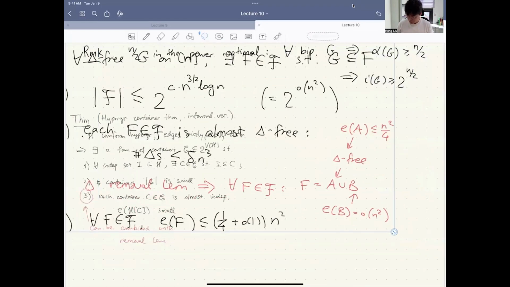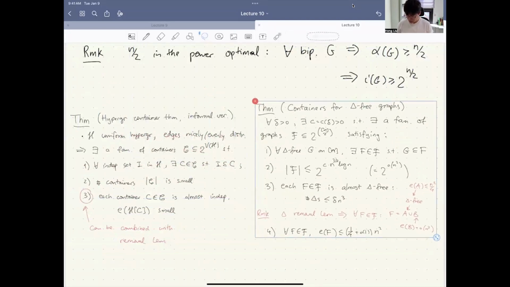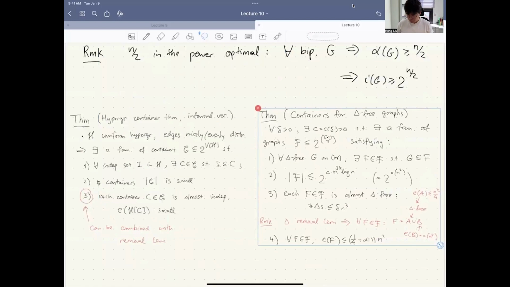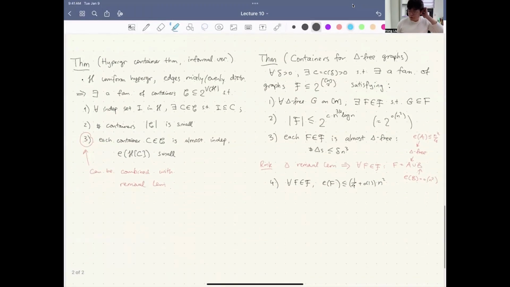Here's where we were last time. The informal hypergraph container theorem, let's review how it looks.